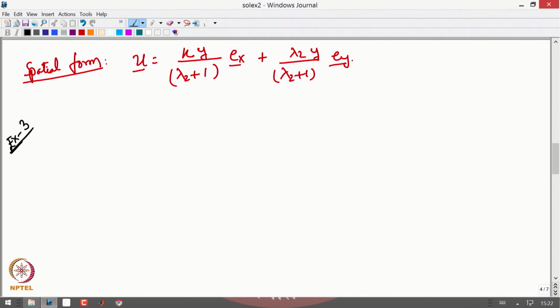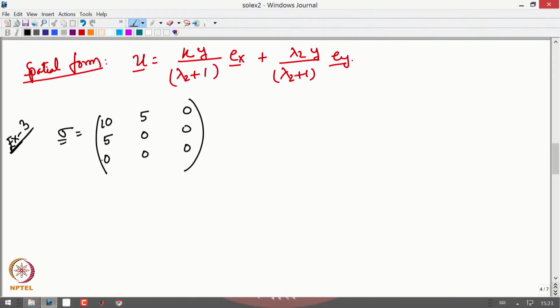say I gave you the stress tensor of this form: 10, 5, 0, 5, 0, 0, and I want to represent this using a plane stress square or rectangle.